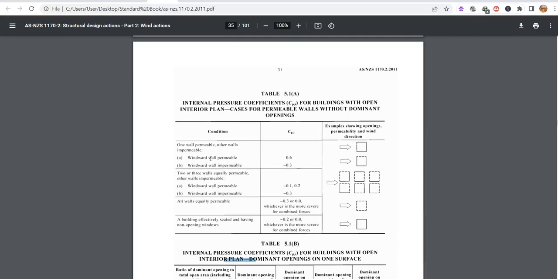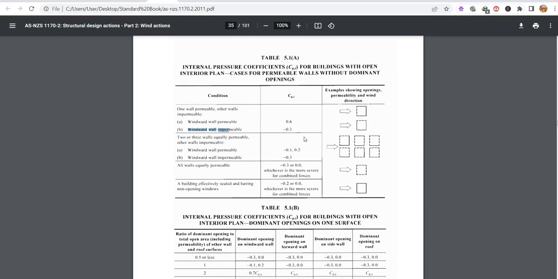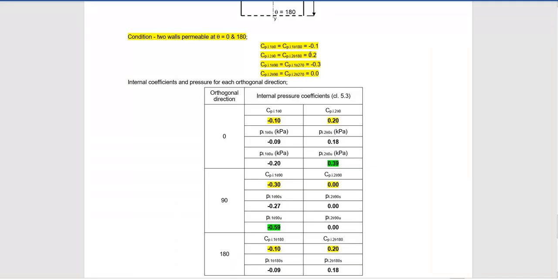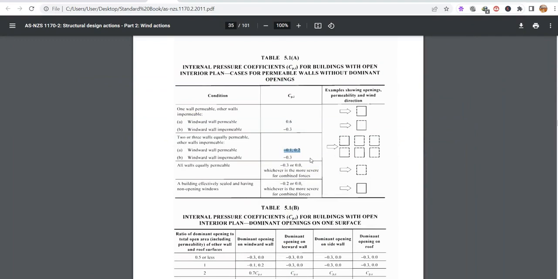So for windward wall with permeable wall, windward wall with impermeable wall, because I have two sides which are permeable, in this scenario I'm going to use this table here. As you can see, I have written down in the Word document negative 0.1 and 0.2, which is the first scenario.